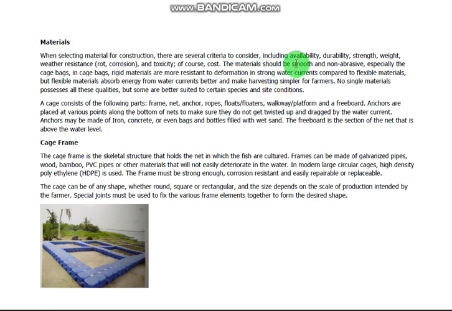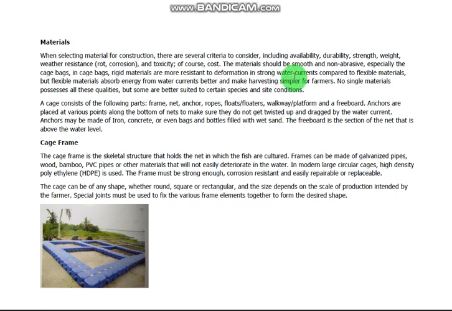The materials should be smooth and non-abrasive, especially the cage bags. In cage bags, you have to use rigid materials, which are more resistant to deformation in strong water current.